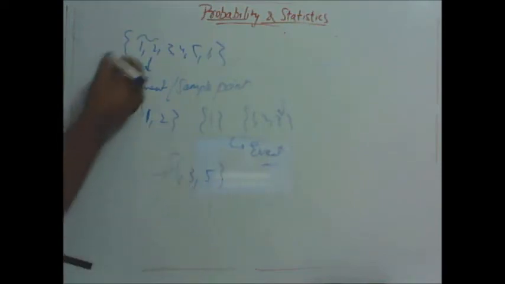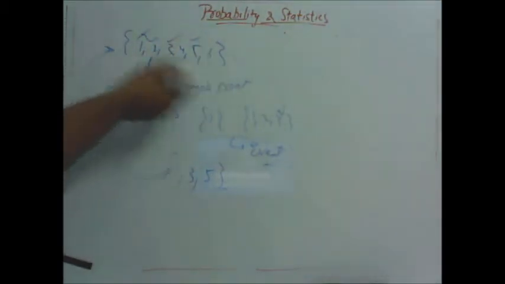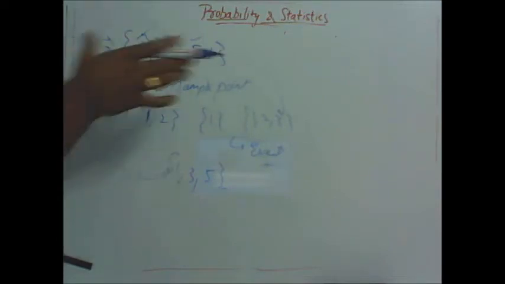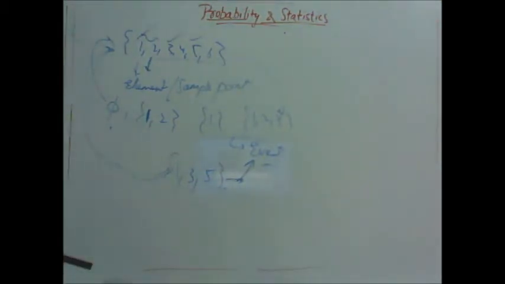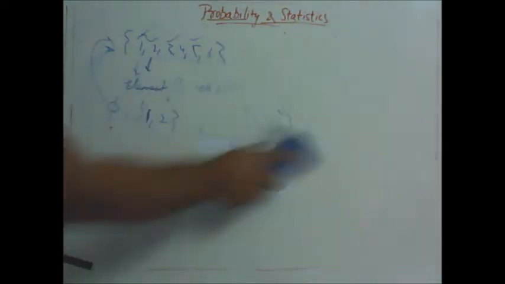So this is a subset of the sample space. So this is an event. Our experiment is rolling a die, our event is getting an odd number, and that event is the subset 1, 3 and 5. Even the null set, which is no output, is also a subset of this. In this way we call it an event, whether it is getting an even number, or getting co-prime numbers. An event can be anything which is a subset of the sample space.